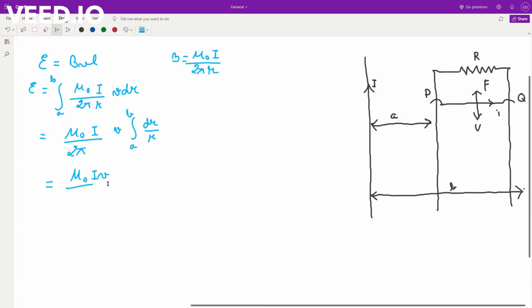So we will get mu naught IV by 2 pi ln r from A to B. If we put the values, we will finally get E is equal to mu naught IV by 2 pi into ln B by A.